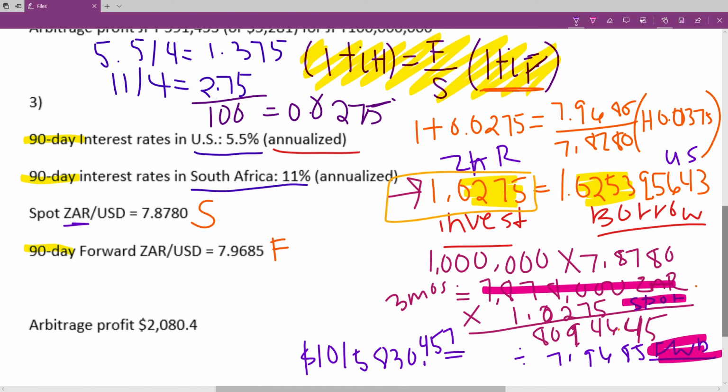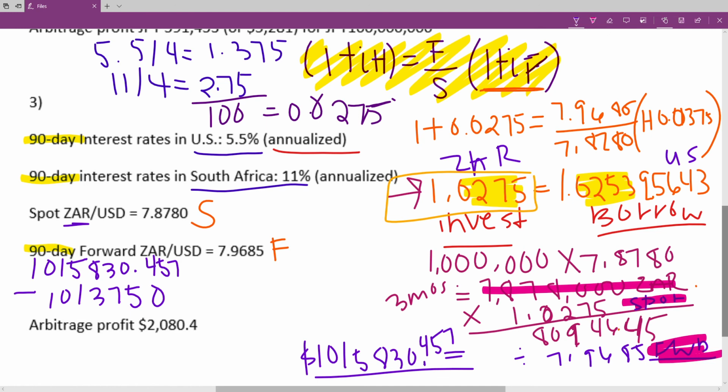So we're going to do 1,015,804.57 minus 1,013,750, which equals 2,054.57. Okay? So we got the right number.